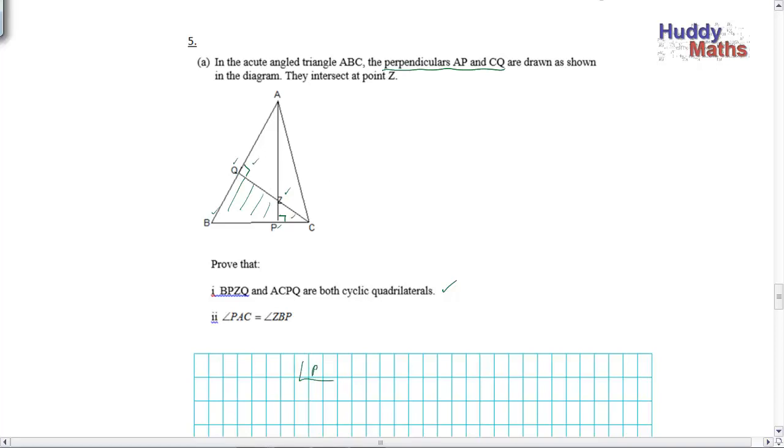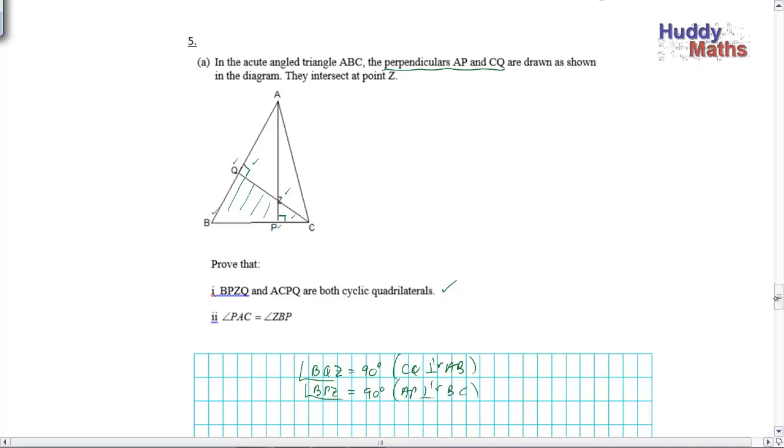Because you've got these things here, angle BQZ is 90 because it's perpendicular. CQ perpendicular to AB, that was given. Angle BPZ is 90 because AP was perpendicular to BC.